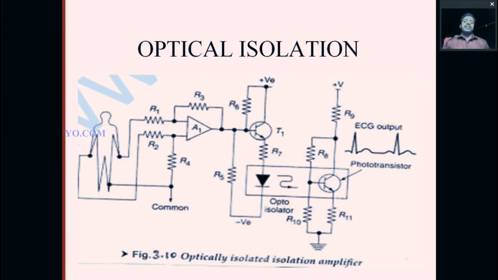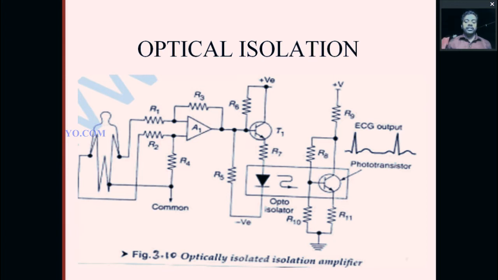In transformer isolation, the information transfers in the form of magnetic flux.